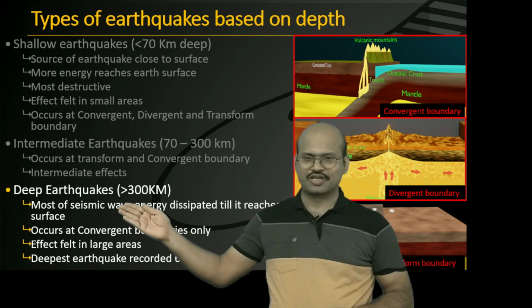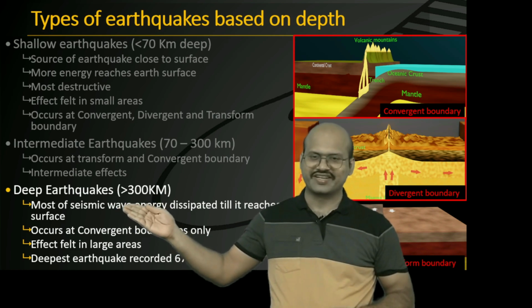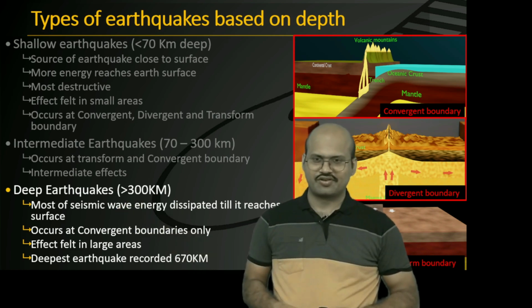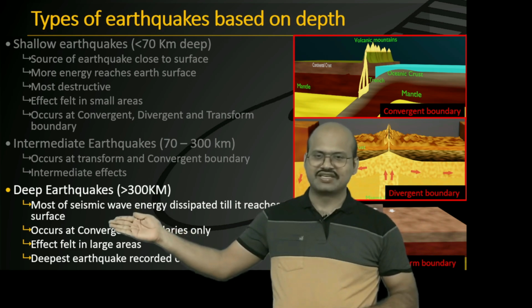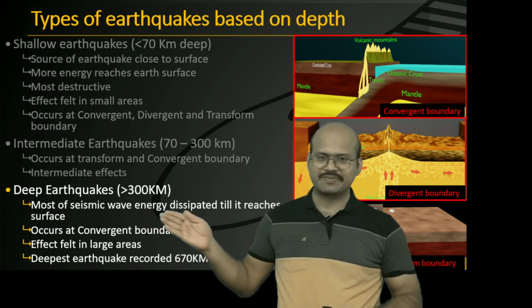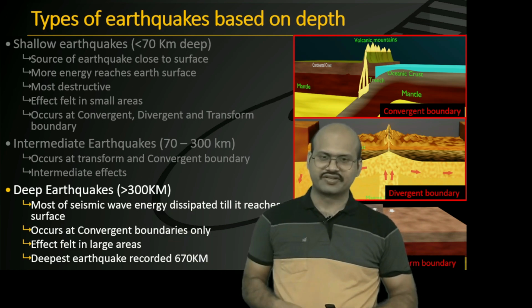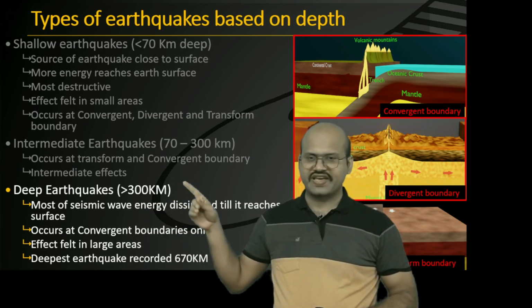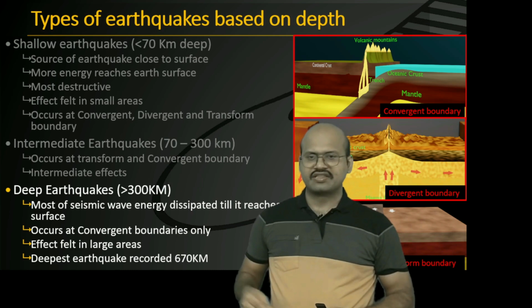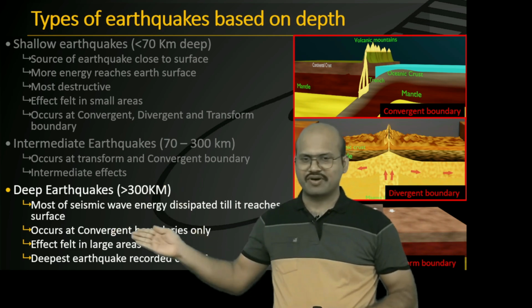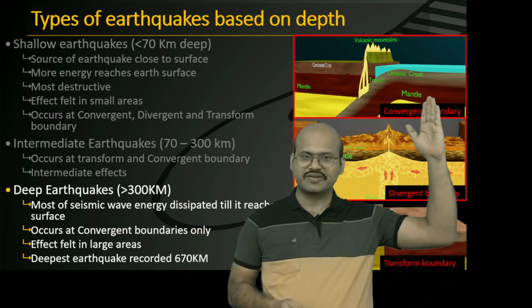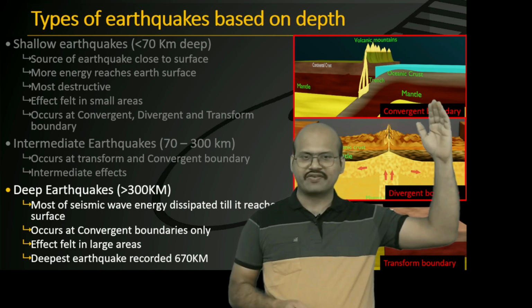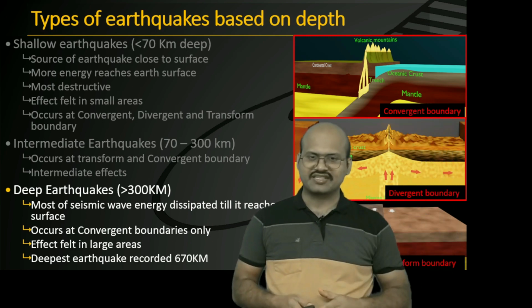Deep earthquakes are the earthquakes where depth of the focus is greater than 300 km. Most of seismic wave energy released by these earthquakes is dissipated till it reaches the earth's surface because the distance is very high. These kind of earthquakes occur at convergent boundaries only because at the convergent boundaries we have a tectonic plate which is subducting and this plate extends very deep in the asthenosphere.